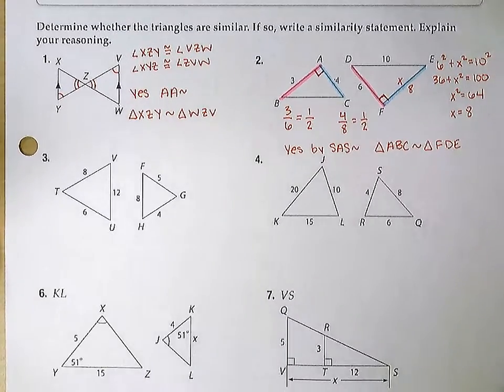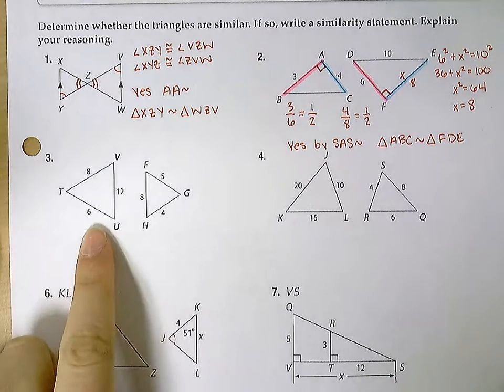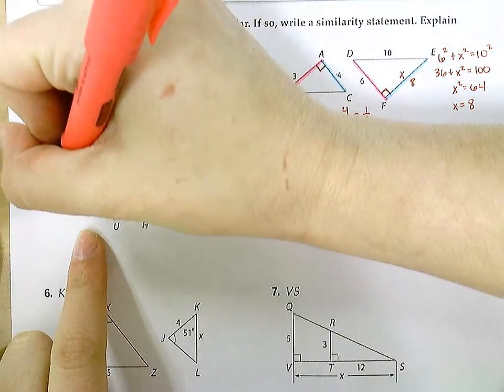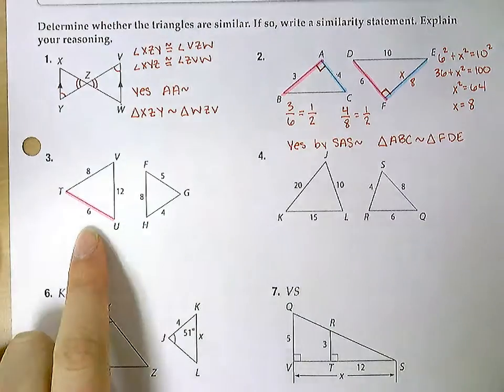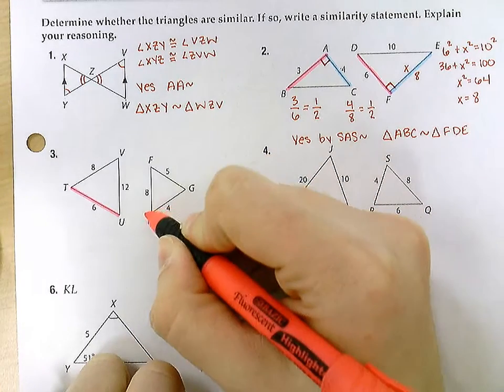All right, then looking at number 3, for this one, it looks like we're leaning towards a side-side-side type similarity. So with that, I want to find the ratio between corresponding sides for each and see if they're all the same. So again, I'm going to use my highlighters here. My smallest side in my triangle to the left here is 6, right? So that one will correspond to the smallest side in my other triangle, which is 4.